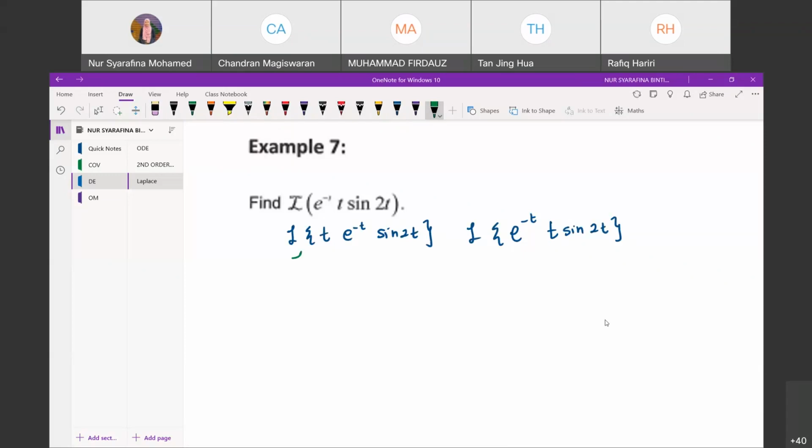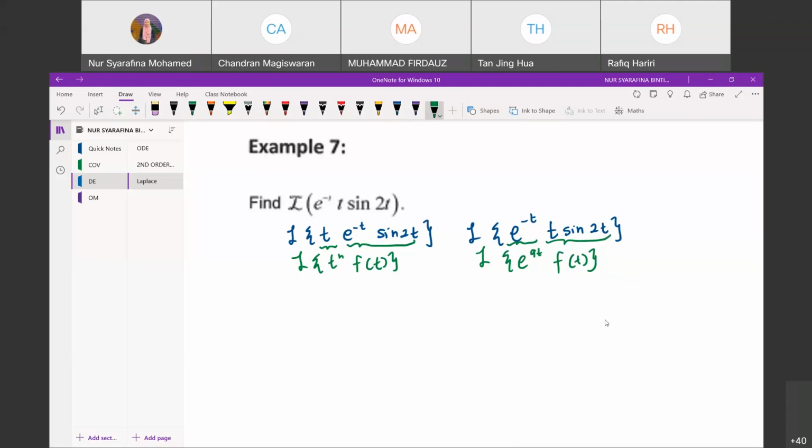You have two types of solution here. This one is t^n f(t), where this is your f(t), this is your t^n, or by shifting, this is exponent at, this is your f(t).